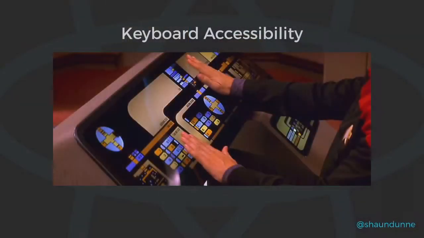There's a lot of interesting research around usage of fonts, line heights and white spacing in typography that are very interesting to read. I'm not going to talk about all of these. I'm going to pick some of the ones that I've used or I think I understand a lot more than the others. And the first one is keyboard accessibility.